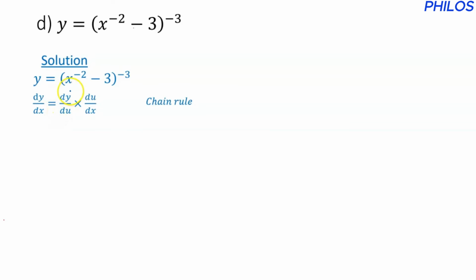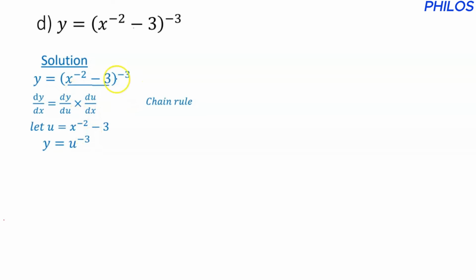What you are going to do here is you let what is inside the bracket, just what is in the bracket, that's x exponent negative 2 minus 3, be the u. So we say we let u be equal to x exponent negative 2 minus 3, only what you have in the bracket. Then when you replace the whole of what you have in the bracket with u, you realize that y is equal to u exponent negative 3, isn't it?